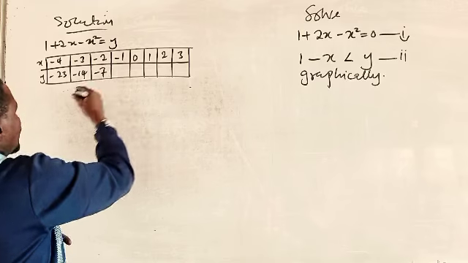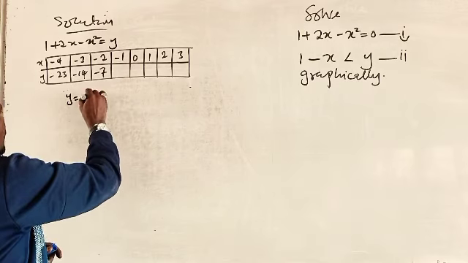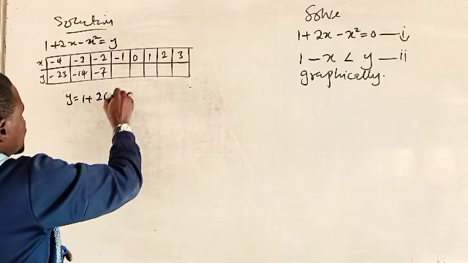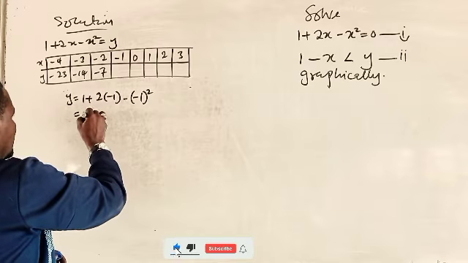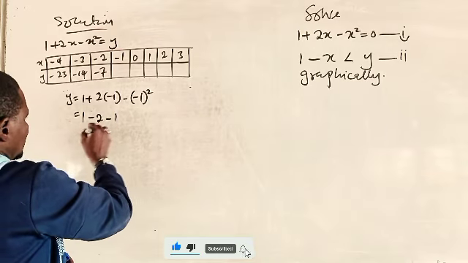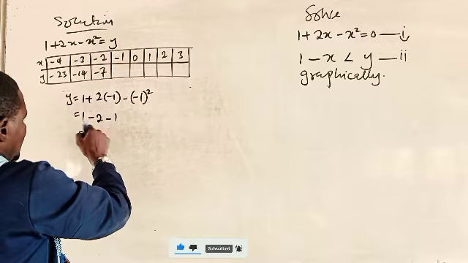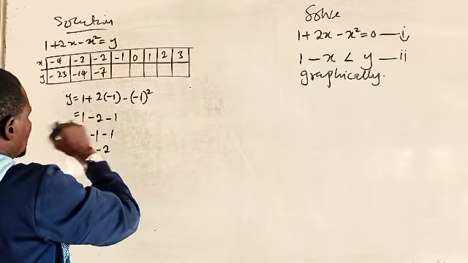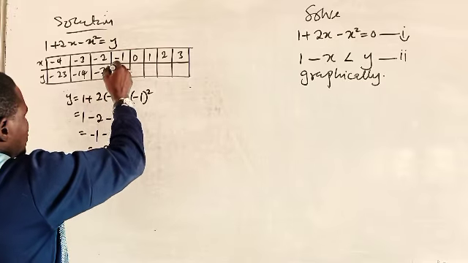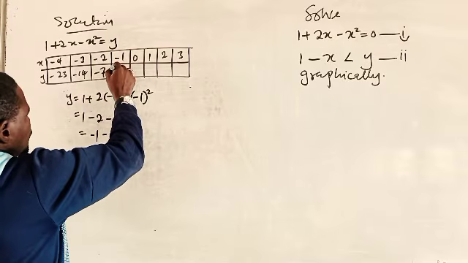Meaning when x is minus 1, we have y equals 1 plus 2 bracket minus 1 minus bracket minus 1 squared. 1 minus 2 minus 1, and this is minus 1 minus 1, and this is minus 2. So we have minus 2 here.